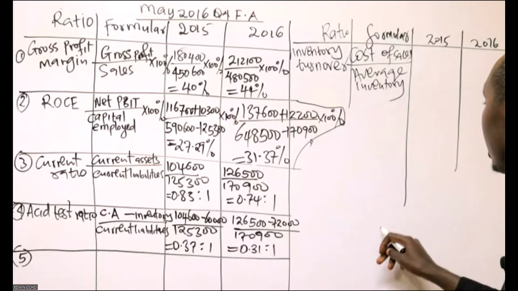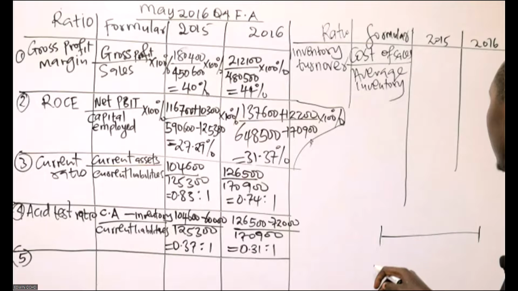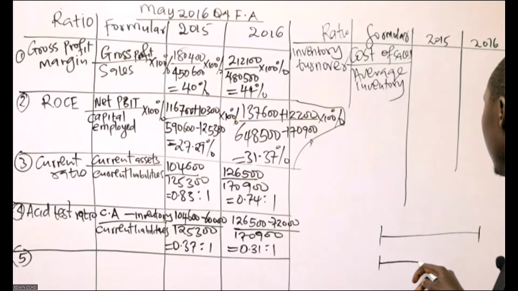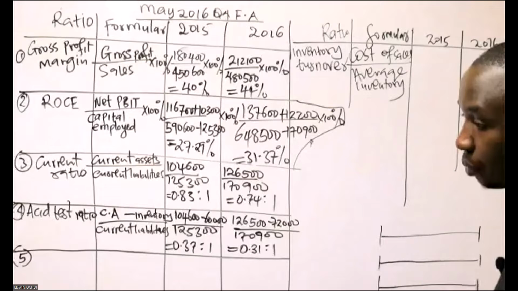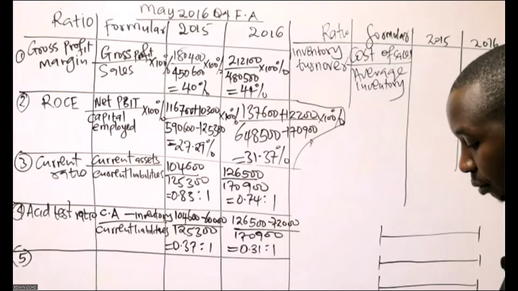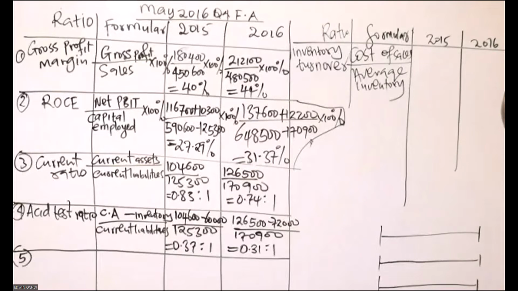Our 2015 was ending when? So we have 2015 ending. Our financial year was ending on 31st March.